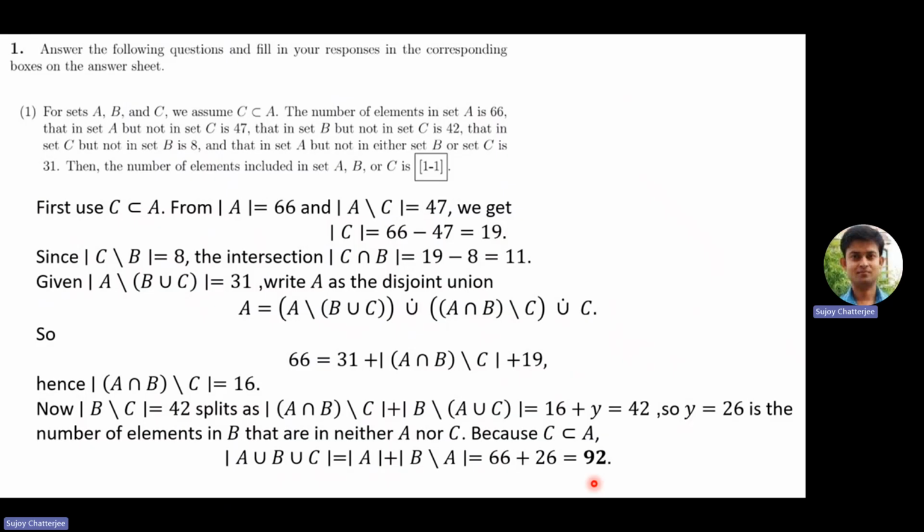So this is actually a very simple question. If you know these formulas, these relations, and if you can express them in this way, then it is not difficult to solve this problem. You need to have these concepts of set theory very clear in your mind, because in this test you will get just 1 hour, so on average you don't have more than 5 minutes to solve each question.